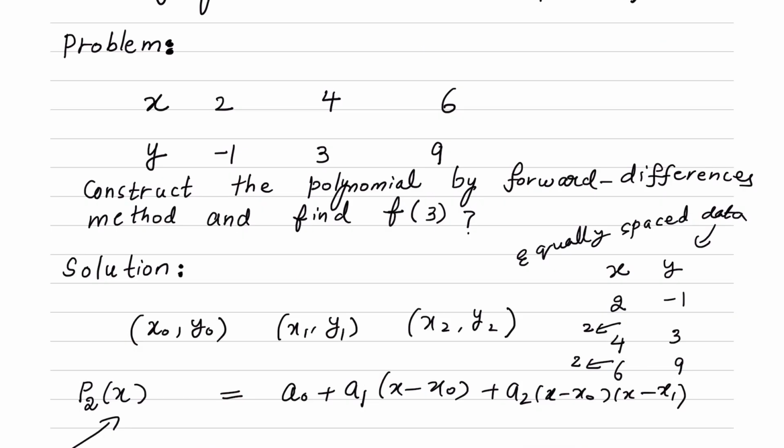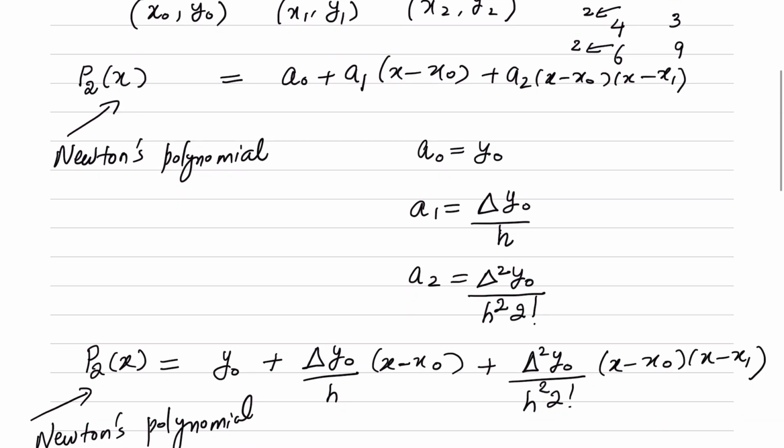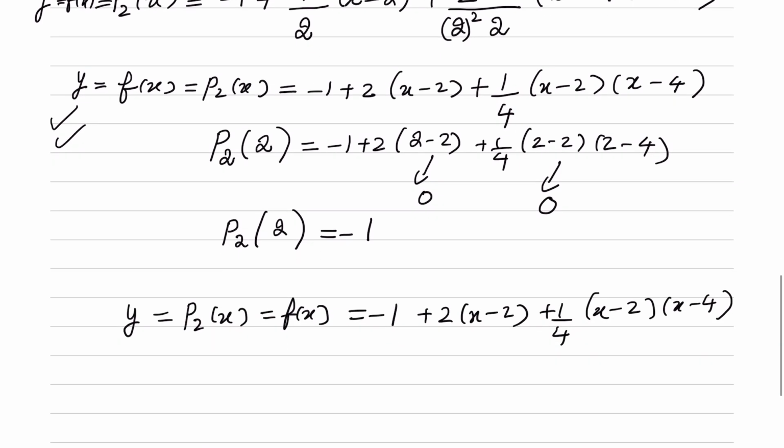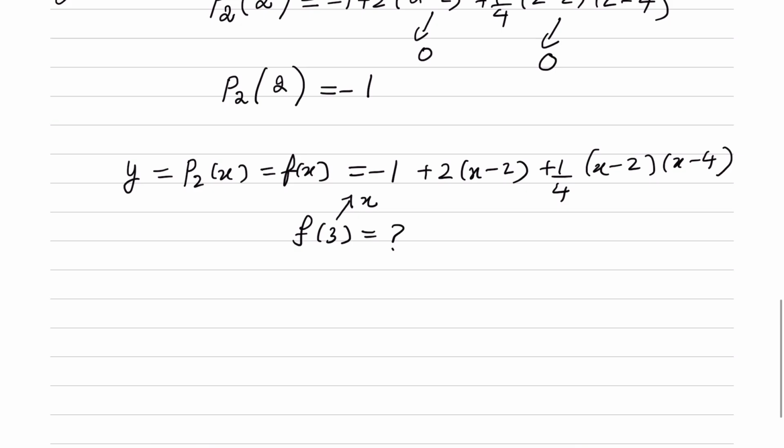Let's look at the question that we had: to construct the polynomial by using the forward differences method, and after constructing the polynomial we had to find the value of the function at x equal to 3, f of 3. So to find f of 3, the value of the function at x equal to 3, in this polynomial we will put x equal to 3.